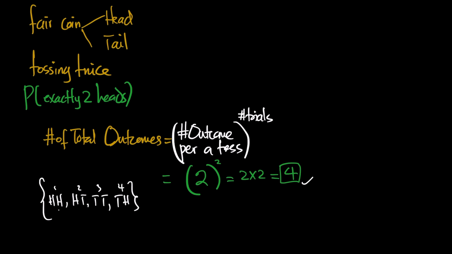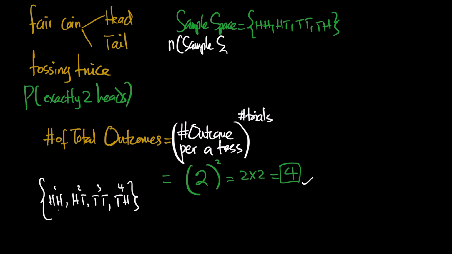So our sample space, I'm going to write it here, is what we've indicated: head-head, head-tail, tail-tail, or tail-head. This is our sample space, meaning that the number of everything is 4.